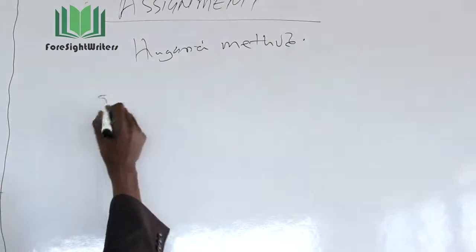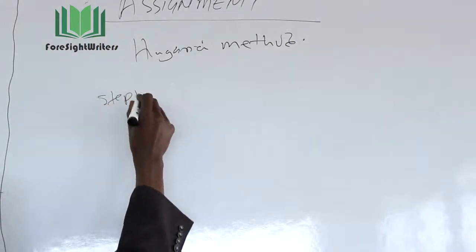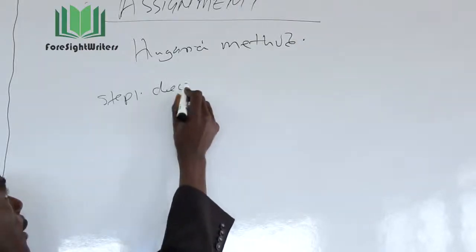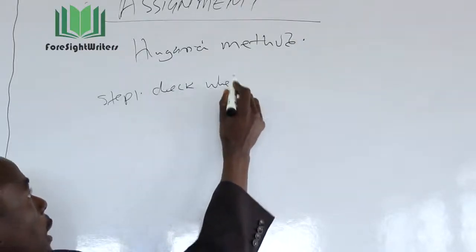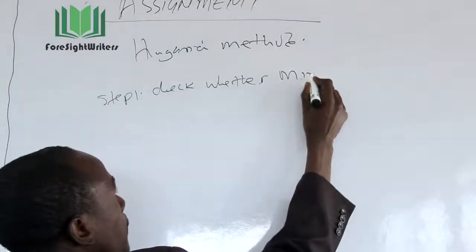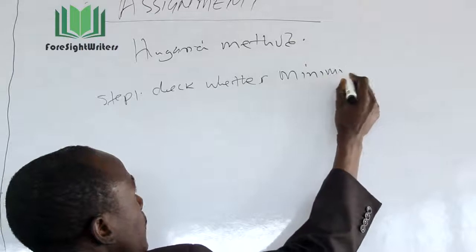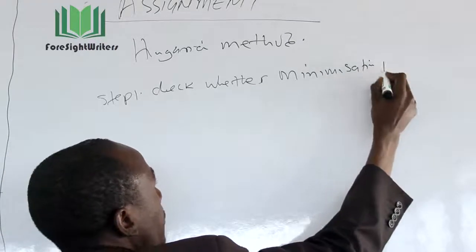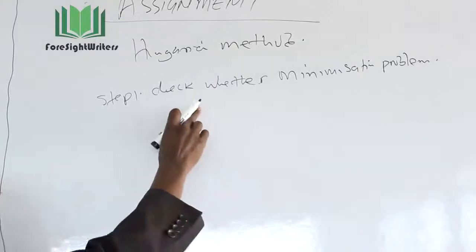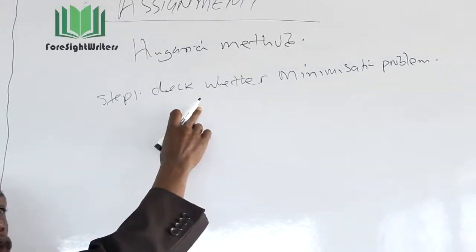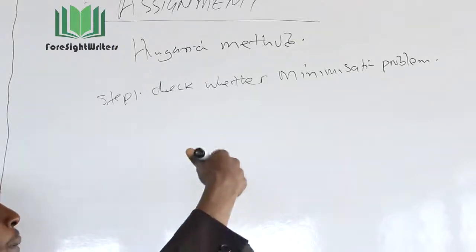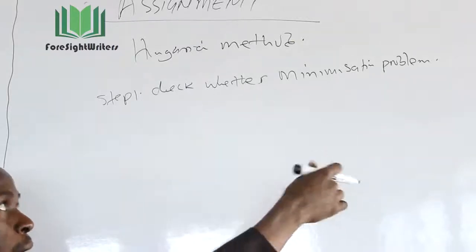So step 1, you need to check whether the problem you have been given is a minimization problem. This means that all assignment problems are supposed to be minimization models.